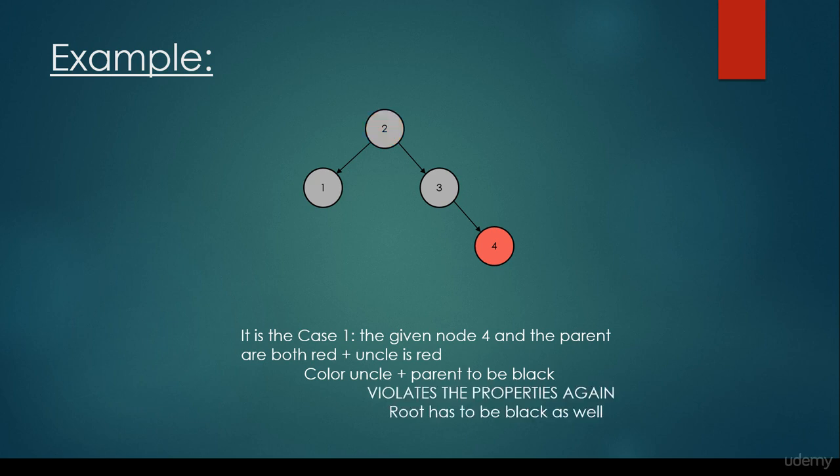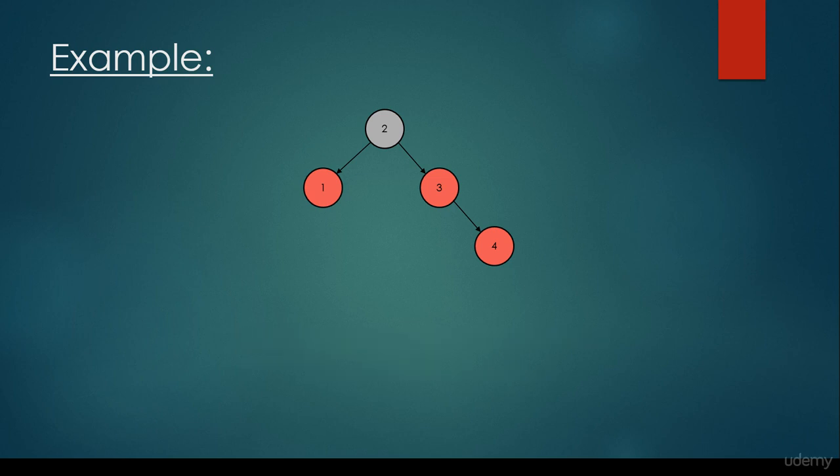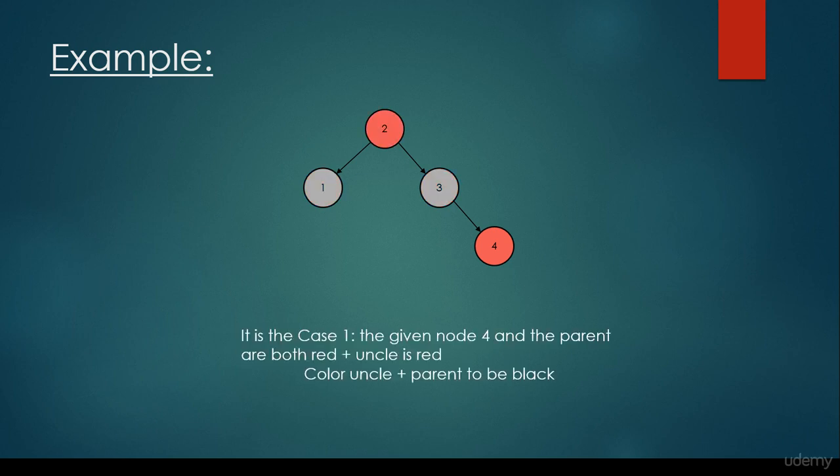Okay, so we just have to color the root to be black, because otherwise it would violate the red-black properties. So that's why I said that we have to check recursively that we haven't violated the red-black properties, because for example, after this recoloring phase, we come to the conclusion that the root node is red and it is not valid. We have to color it black.